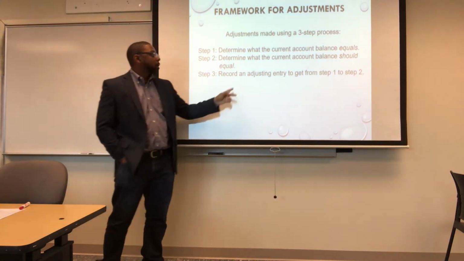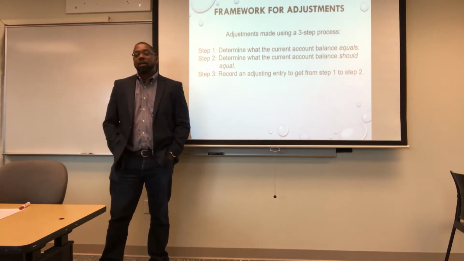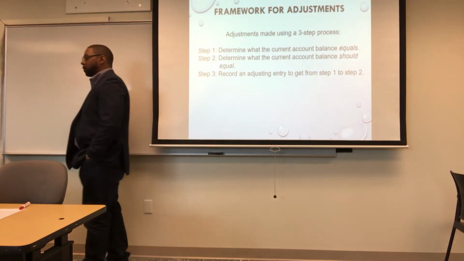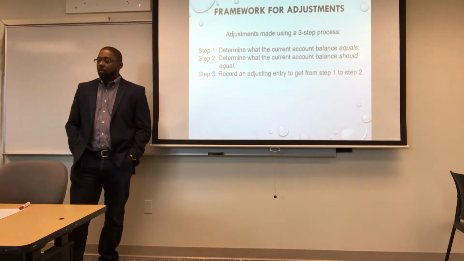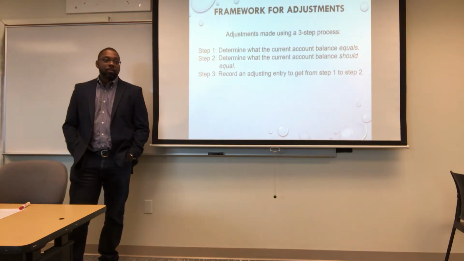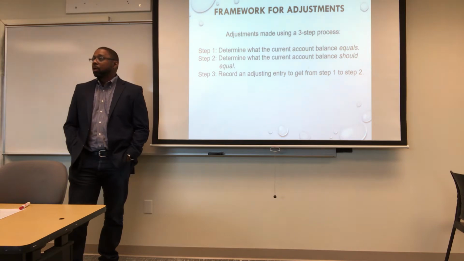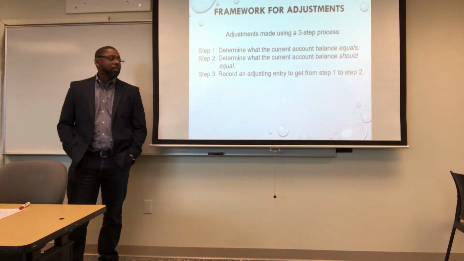And then the final part of that process, we're going to record an adjusting entry to get us from step 1 to step 2. So we're going to determine what the current balance is, and figure out what it should be.